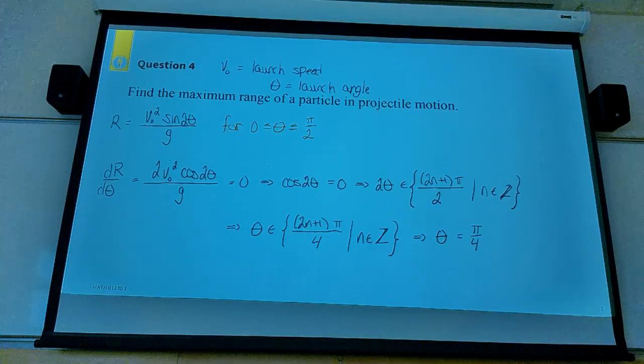Well, we're trying to find the maximum. So what was the point of finding that value? You plug it back into the original function. You have to do something first.